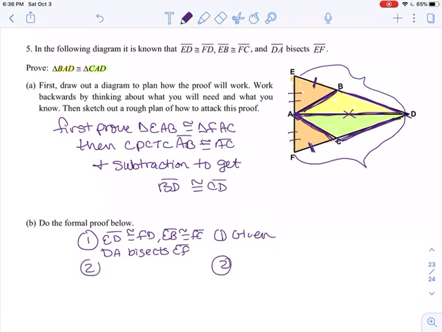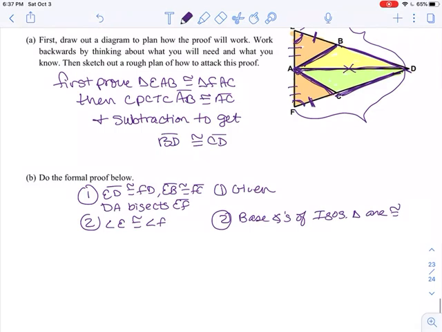Now one of the reasons they told me that whole side congruent to that whole side is because that makes it an isosceles triangle, and angle E is congruent to angle F. So the outermost triangle EDF is an isosceles triangle. Angle E is congruent to angle F because the base angles of an isosceles triangle are congruent to each other.